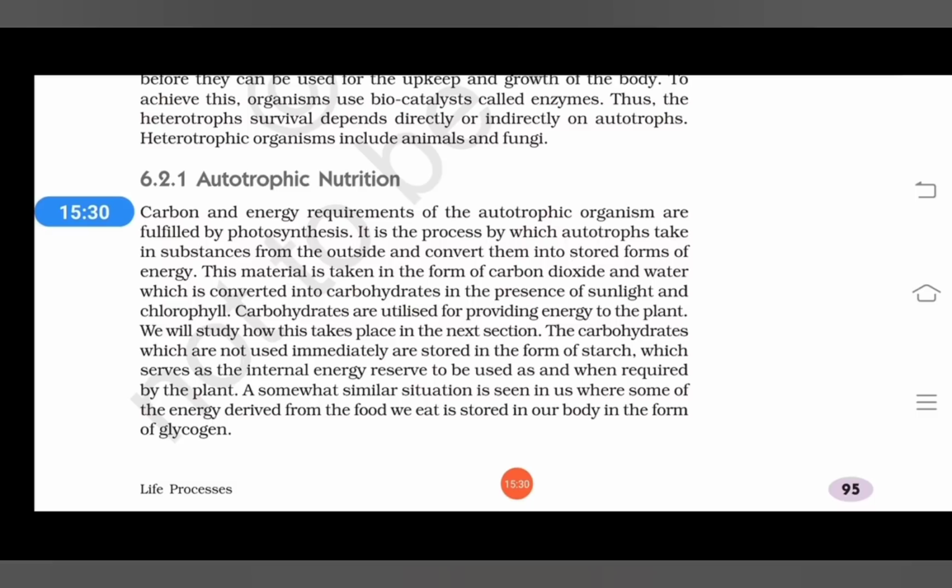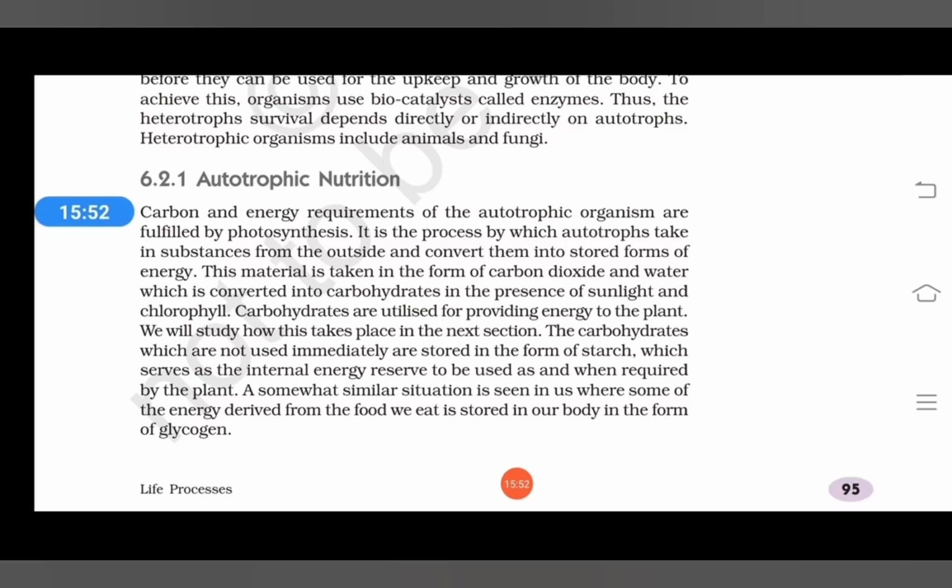Carbohydrates are utilized for providing energy to the plant, and we will study how this takes place in the next section. The carbohydrates which are not used immediately are stored in the form of starch, which serves as an internal energy reserve to be used as and when required by the plant.